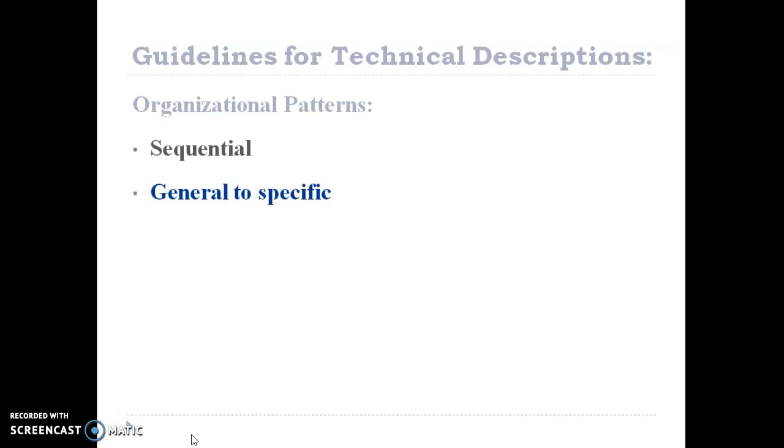If you're talking about specific information, start with general information, what it is, when it is needed, and then you go on to very specific information. Then less important to most important, or vice versa. While describing any component or object, you should share the most important information first, then the less important, or it can be the other way around.